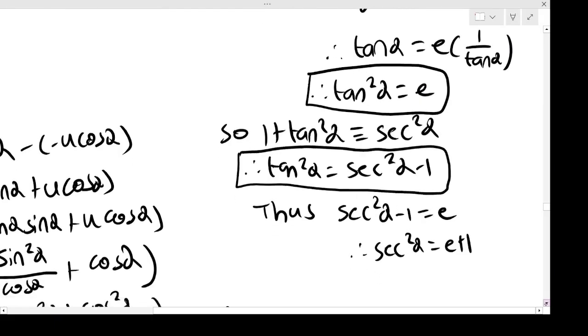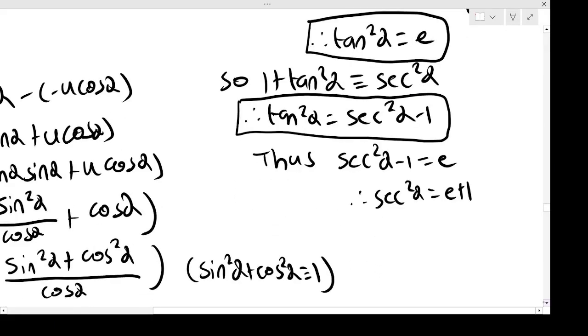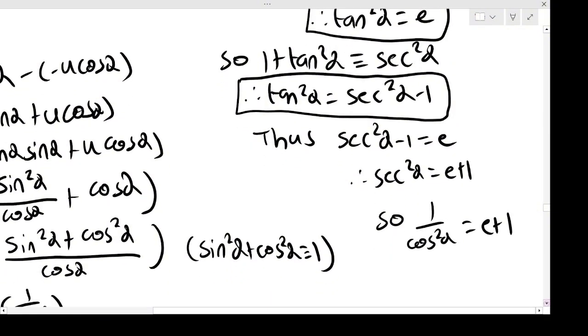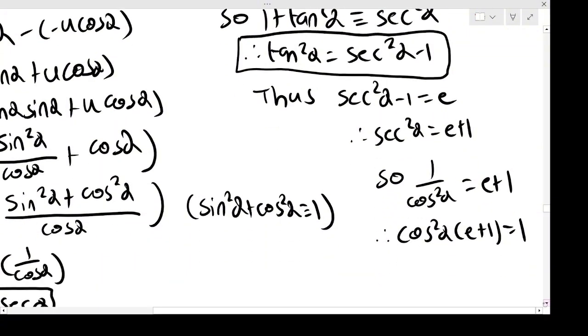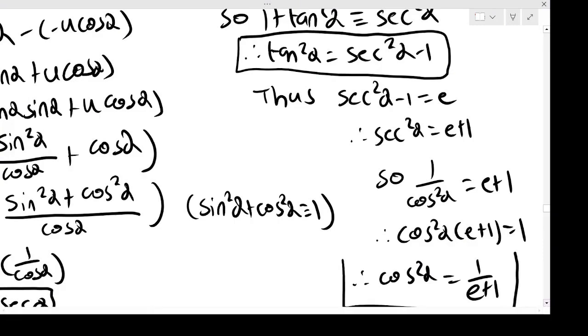And remember, sec squared is 1 over cos squared. So 1 over cos squared is e plus 1. Then if I multiply across, I get cos squared lots of e plus 1 is 1. Then I can divide by e plus 1 to get cos squared is 1 over e plus 1. And there we are. That is an expression for cos squared.